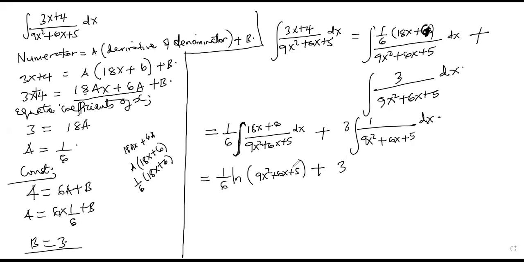Teacher, why do we make it ln? Emily, you came in late. Most of the things we covered previously. I'll give you the links, you follow those videos. But the moment the derivative of the denominator is the numerator, then once integrated, this has to become ln.